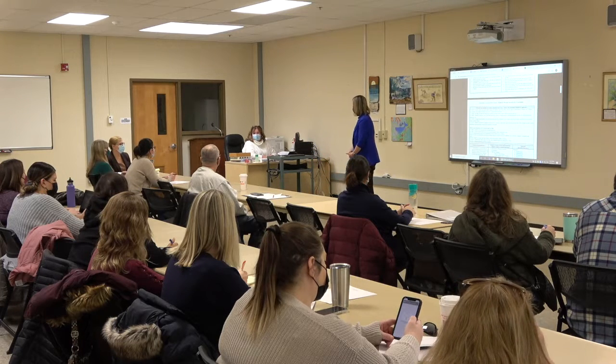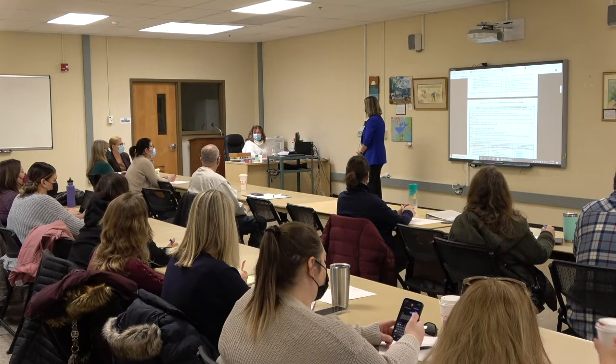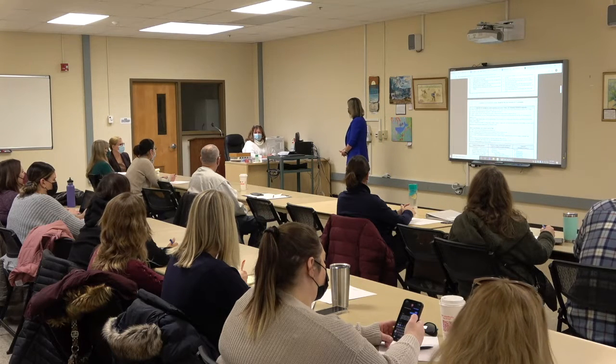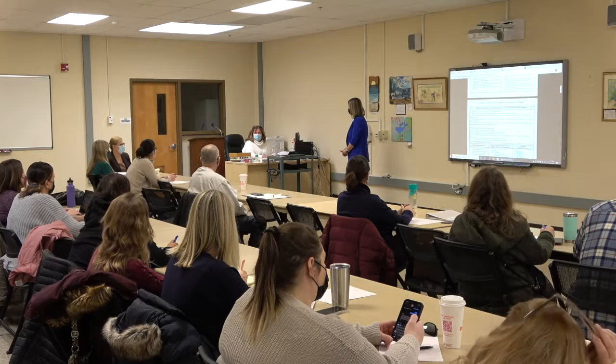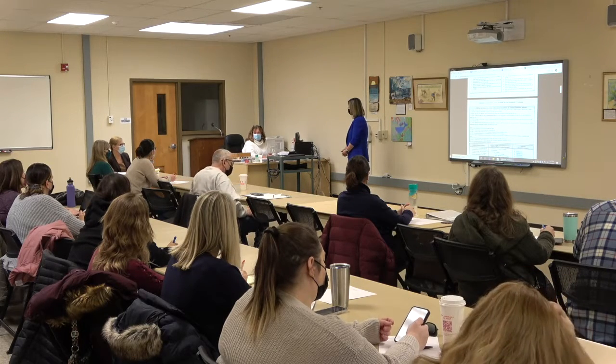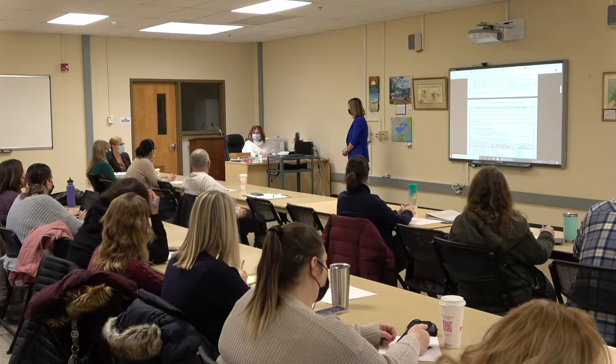For elective areas, it's typically written in grade bands. So for elective areas, it may say by the end of 5th grade, students will be able to. Whereas if you look at the Common Core or the New Jersey Student Learning Standards for English language arts, reading, writing, it's typically by grade.